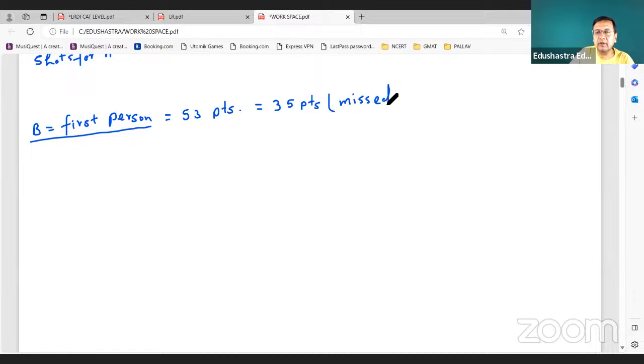Missed by A and C. So all the 35 points B is scoring are missed by A and C.